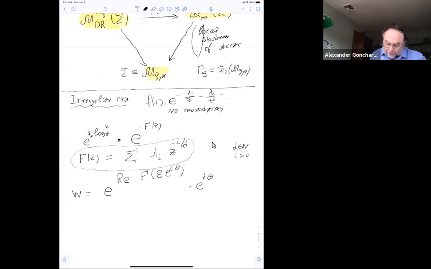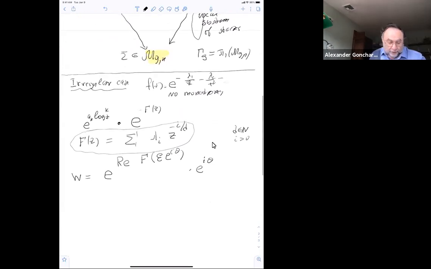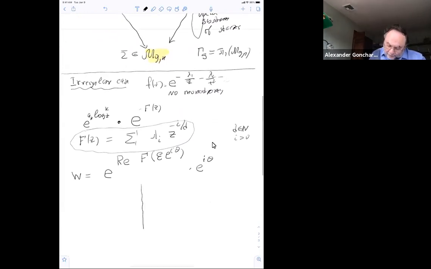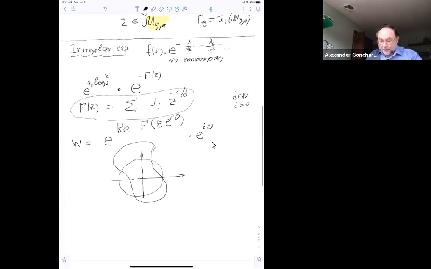And then if you consider what kind of curve you get, you get a picture like this on the W plane, something like that. And so this is the graph of this function.